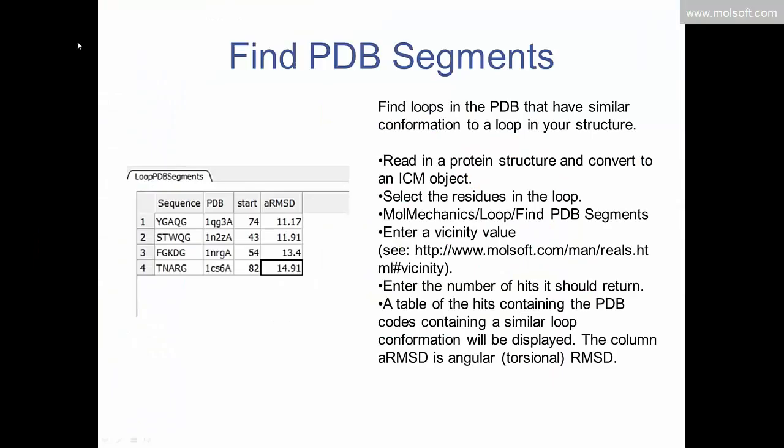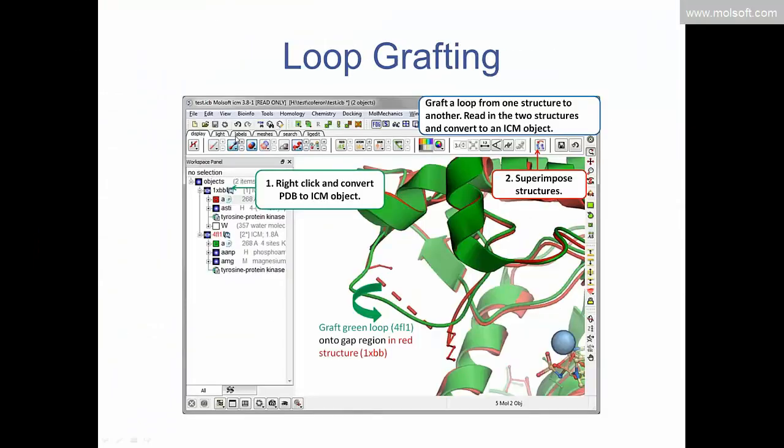We're going to end with how to manually, so it's more modeling, this one. It's how to manually graft or copy a loop from one structure to another. So this is putting more into protein modeling.